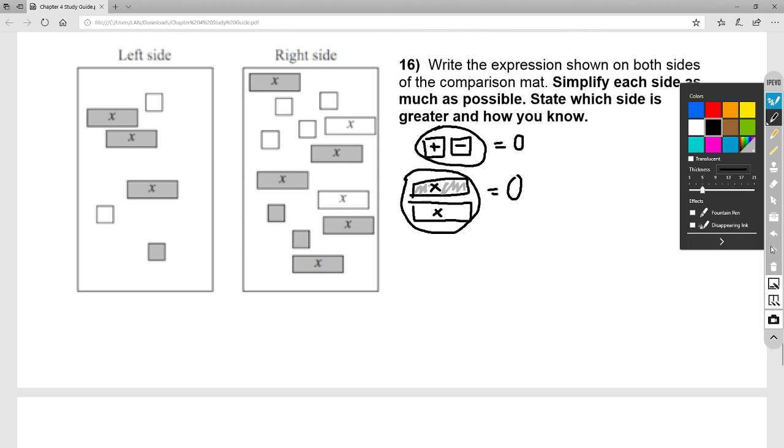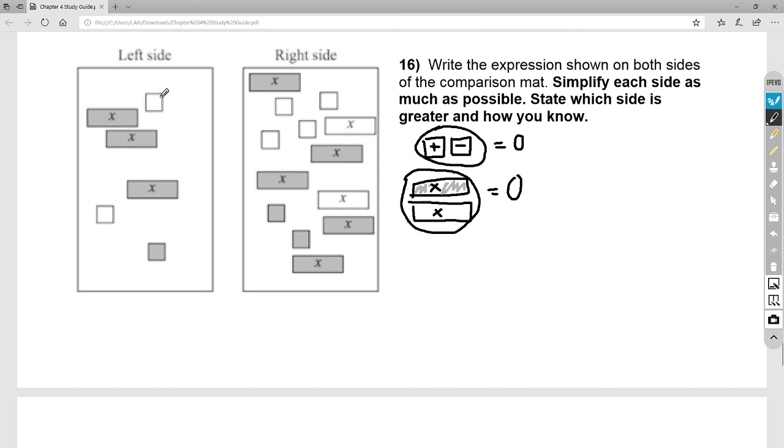So what you have to do in your picture here is first cross out your 0 pairs. Looking on the left side, I only have 1 zero pair. I have this tile and this tile that I can pair up. No other zero pairs because I can't pair up the shaded x's. That doesn't make 0. It has to be opposite colors. On the bottom, I'm going to write what I have left.